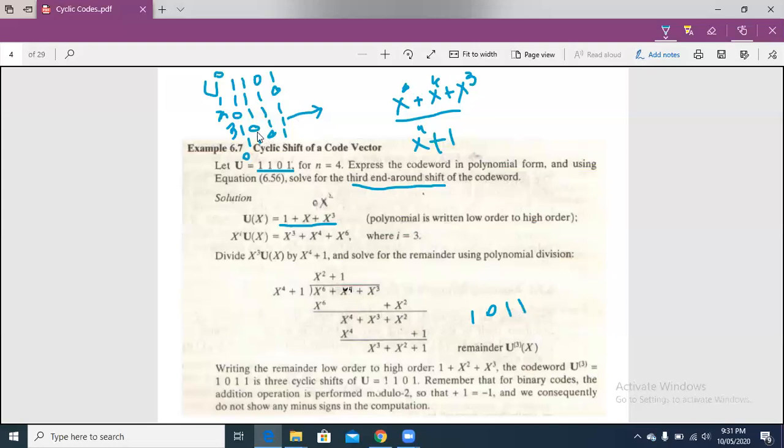So that is 1 1 0 1 1. That is the code word with the third cyclic shift. So in that way, you will get the remainder. Now you can understand how we can use the cyclic shift of a code vector.